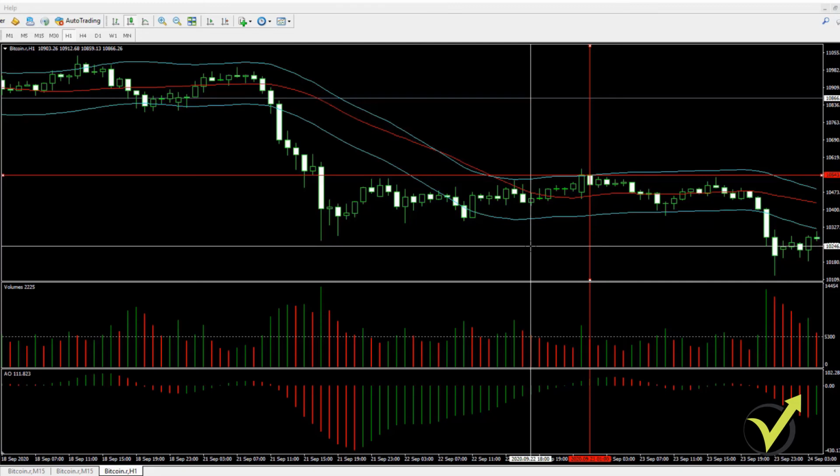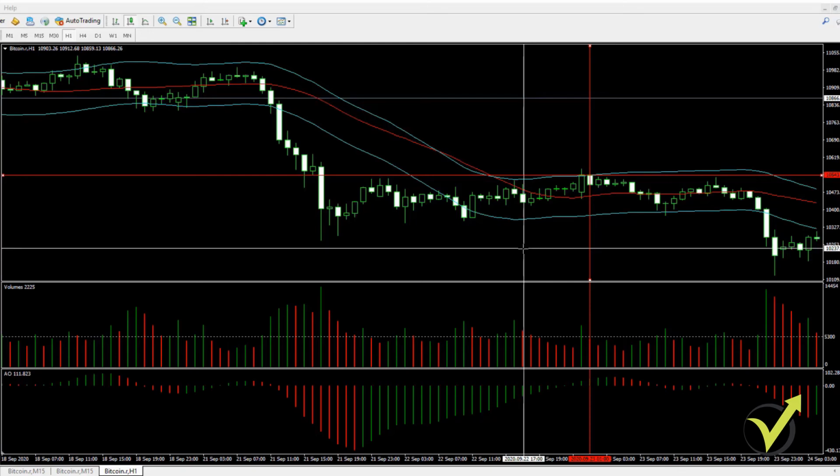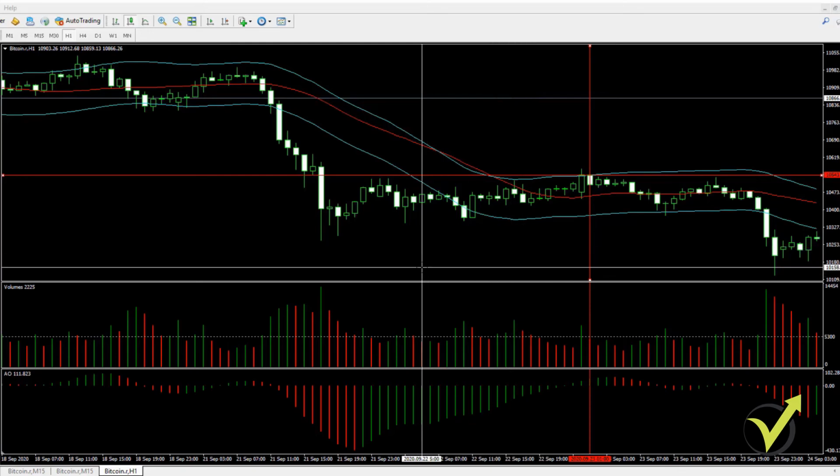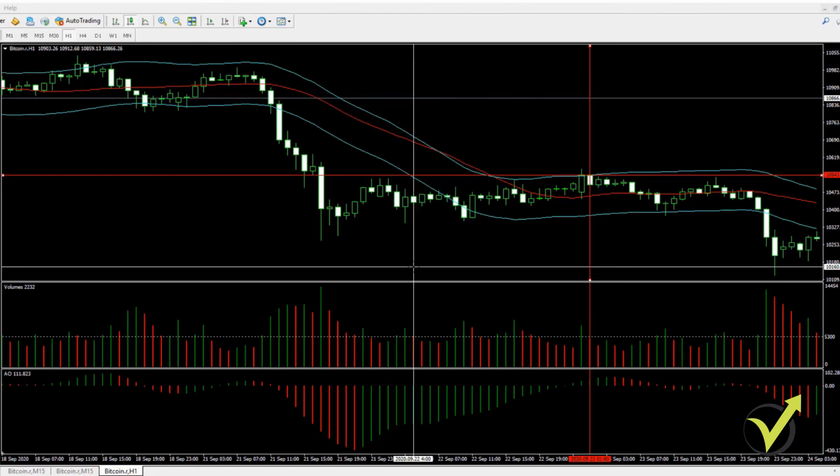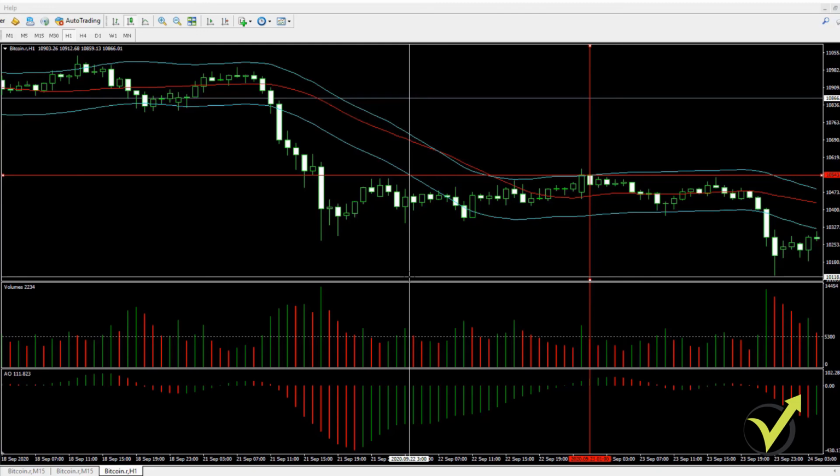So if it happens that you have losing trades, and it will happen no matter if you trade the strategies manually or automatically with the expert advisors, don't panic. This is normal. The strategies have their losing periods, but as I've said, so far they have more profits than losses. And this is why it is very important to have good money management and to risk a small amount of your account. But this is something that I will be talking about at the end of the course.